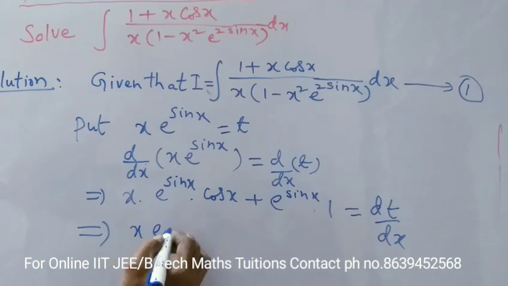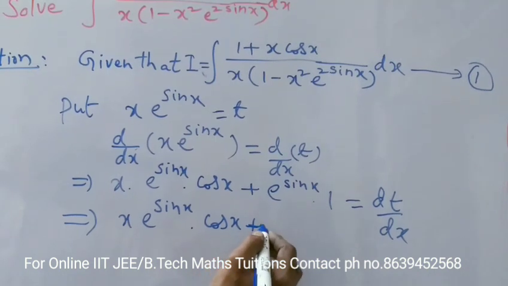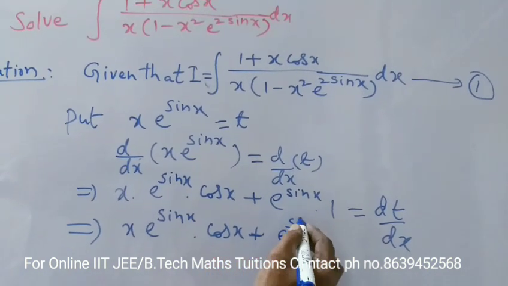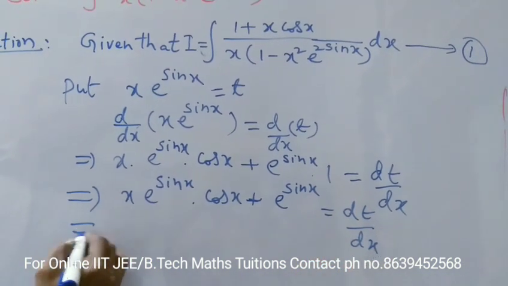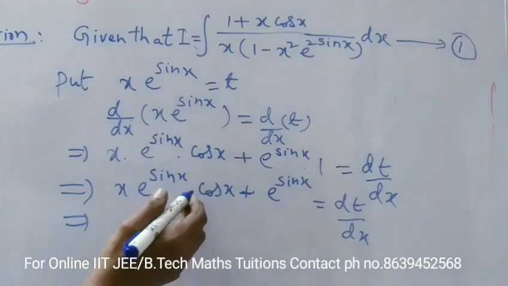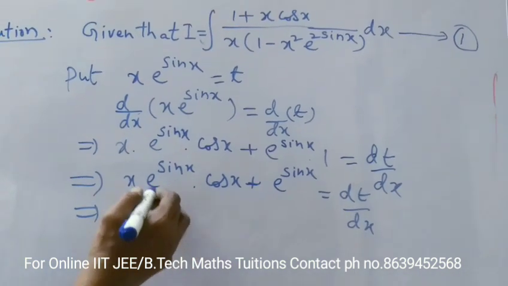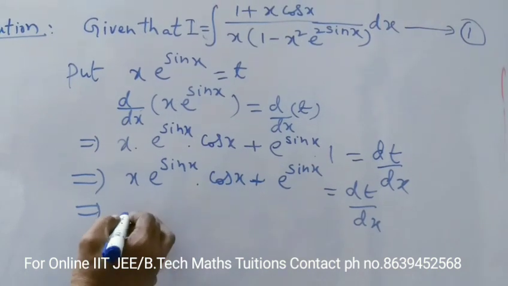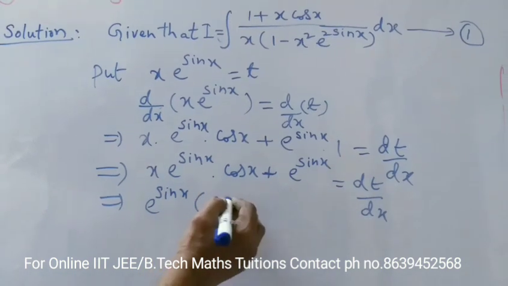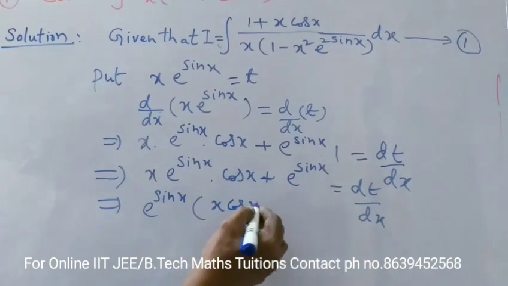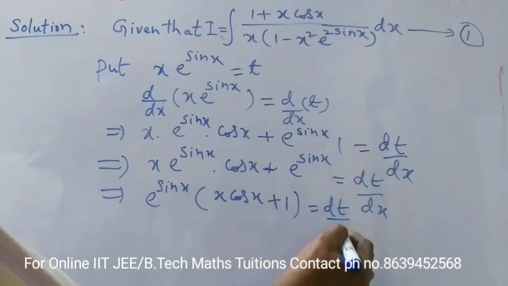That means x into e to the power of sin x into cos x plus e to the power of sin x into 1 is equal to dt by dx. The common term is e to the power of sin x. So e to the power of sin x of (x cos x plus 1) is equal to dt by dx.